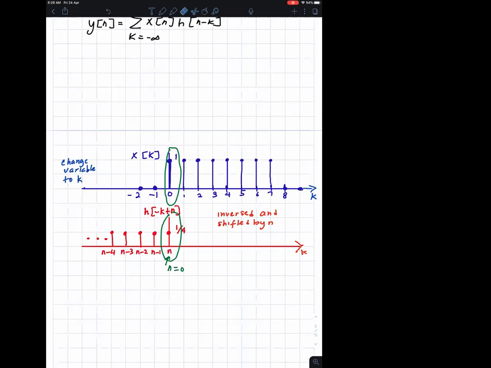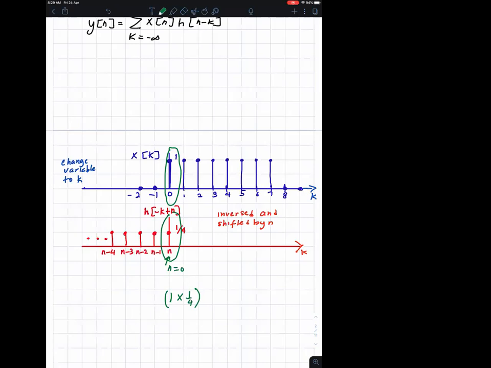For example, you have 1 here and 1/4 here at n equal to 0, then you can multiply them, right? You get a result.